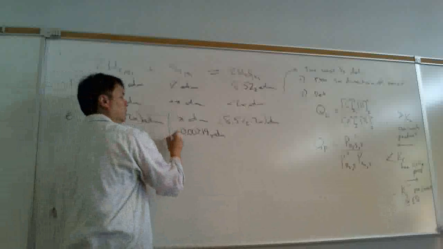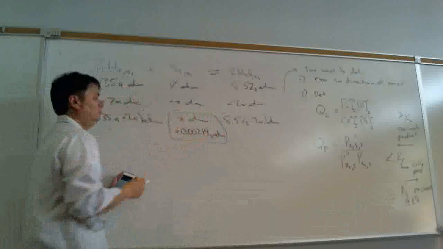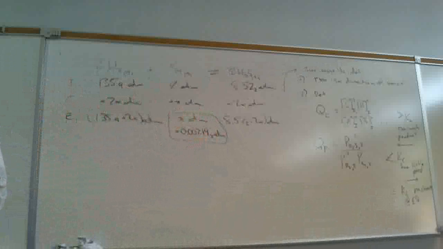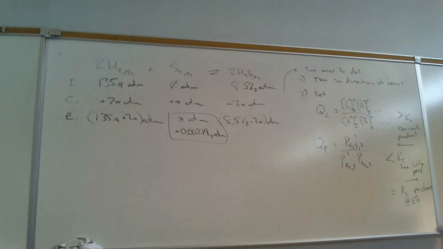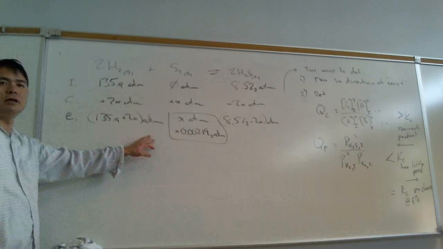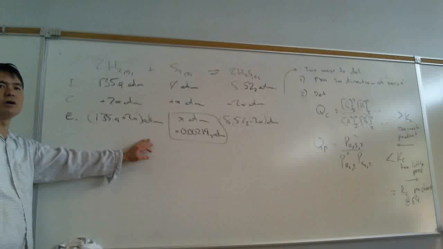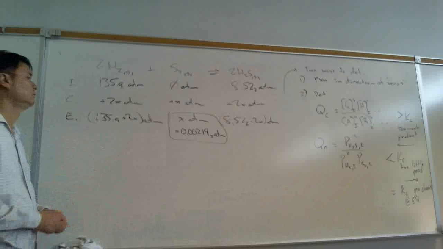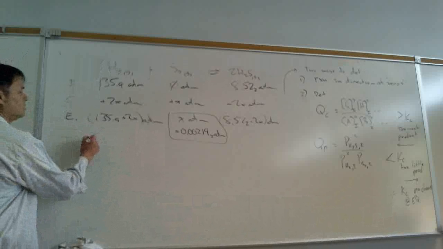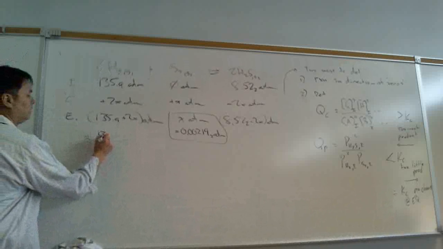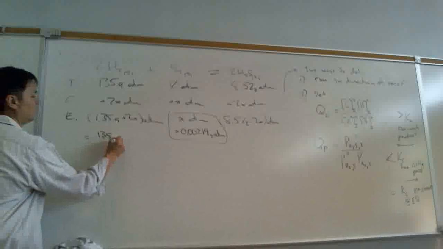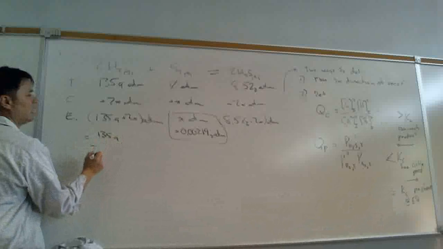And so from that, I can figure out what my x value is. If I know what my x value is, then I can determine what the other entries on the chart. And so this one is going to be 135.9 plus 2x.